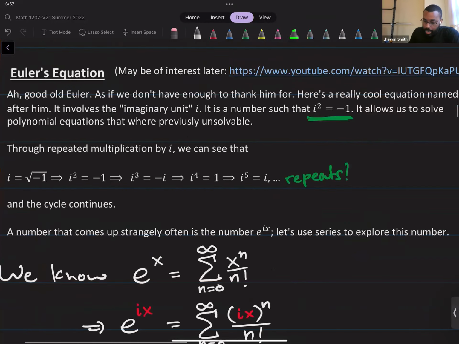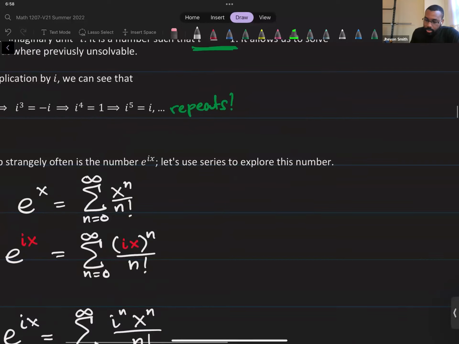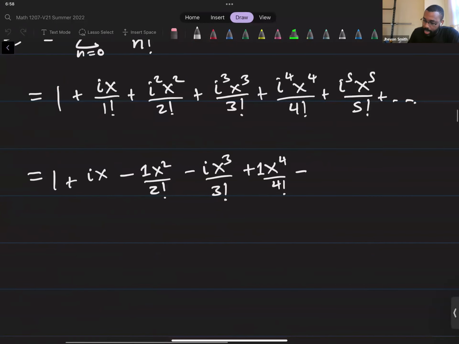I cubed is minus i. So this is just minus i x cubed over 3 factorial. What is i to the 4th? I to the 4th was positive 1. What is i to the 5th? Well, i to the 5th is i. And then the pattern essentially repeats here, so we're going to have that.